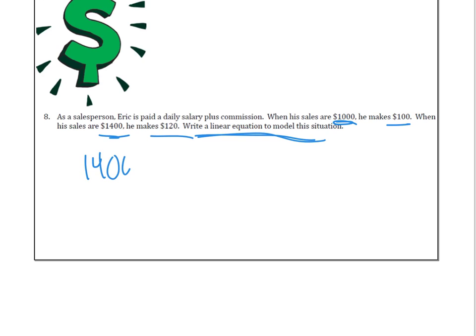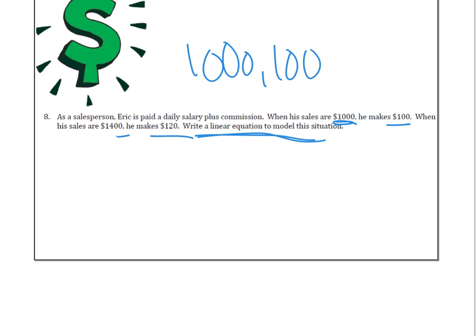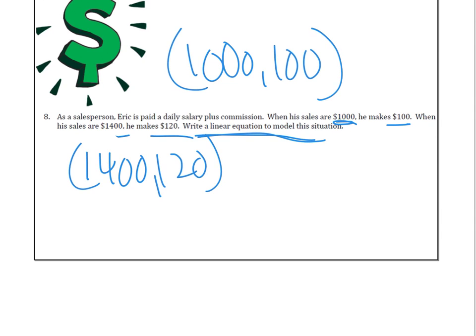Let me back up. When it's $1,000, he makes $100. When it's $1,400, he makes $120. So those are my 2 points. Let's do some work here.